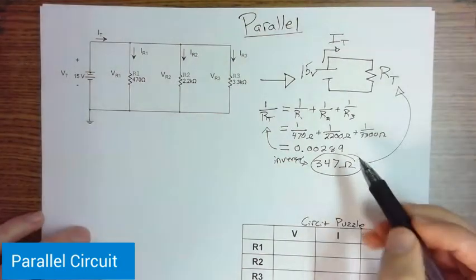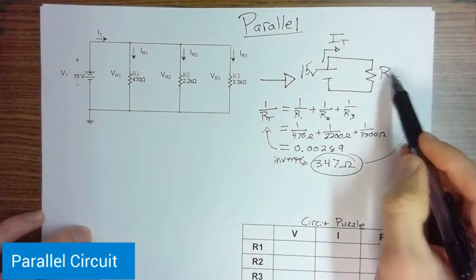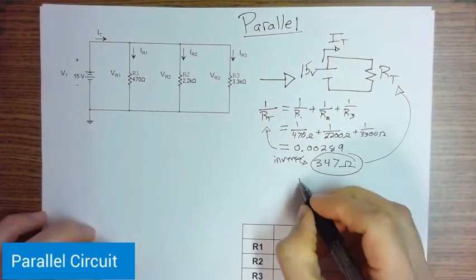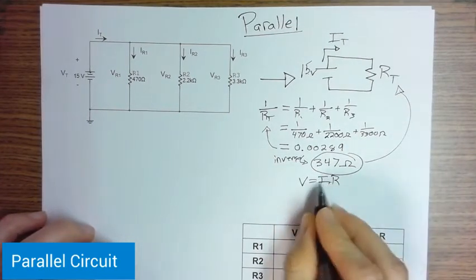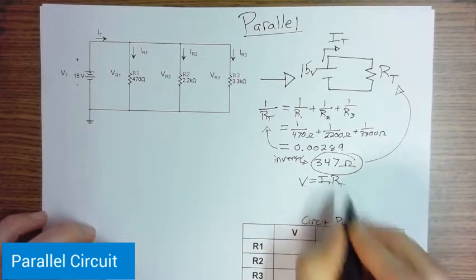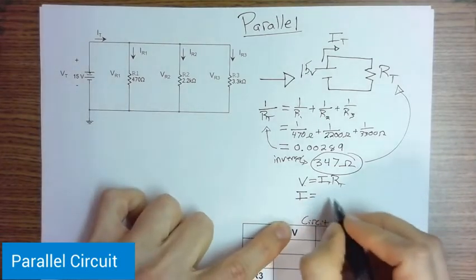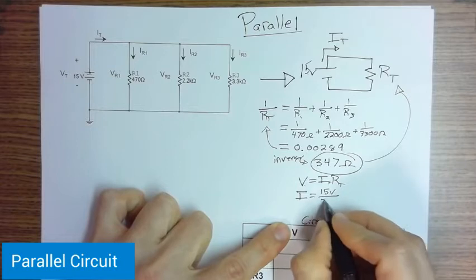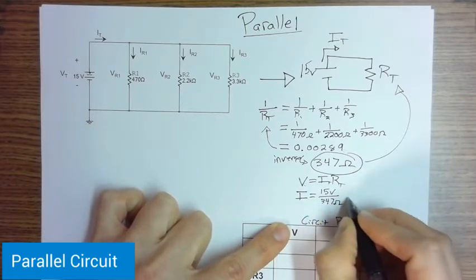Great. So now that we have our voltage for the total circuit, we have our resistance for the total circuit, we can calculate V equals IR to get our total current. So total voltage, total resistance gives us the total current. So I is equal to 15 volts divided by 347 ohms.